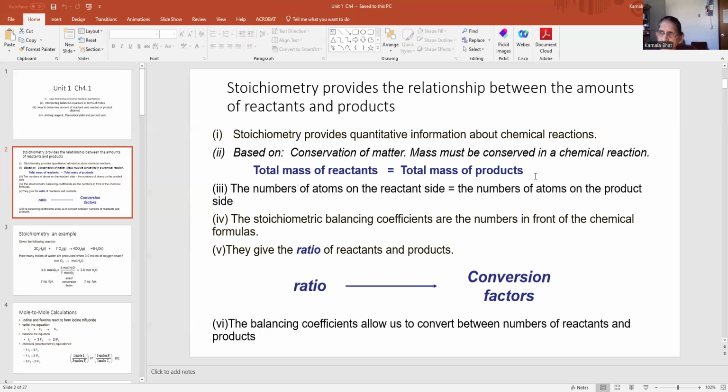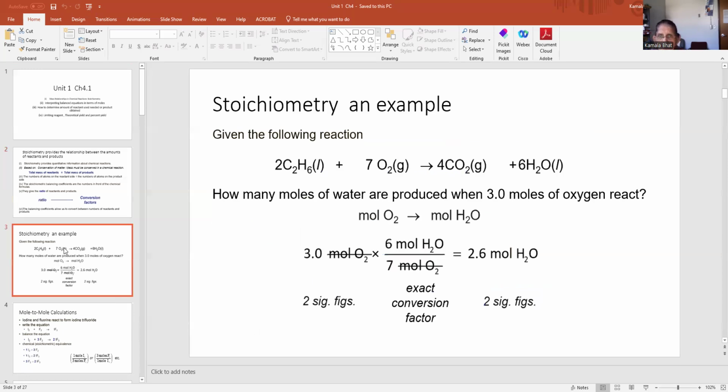So the ratio gives us the conversion factors that we need when going from A to B. The coefficient allows us to literally determine how much of a reactant we need and how much product we would get, or are supposed to get. Sometimes when we do experiments, we do not get what we are supposed to get. And therefore, it gives us a means of how to deal with it.